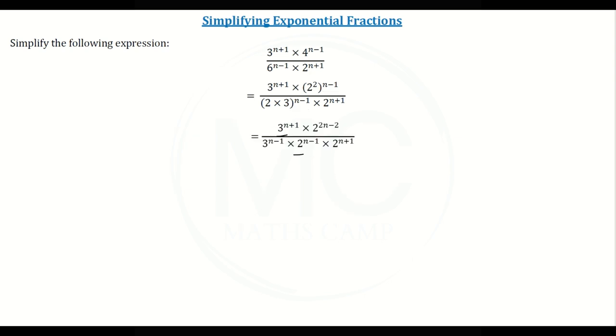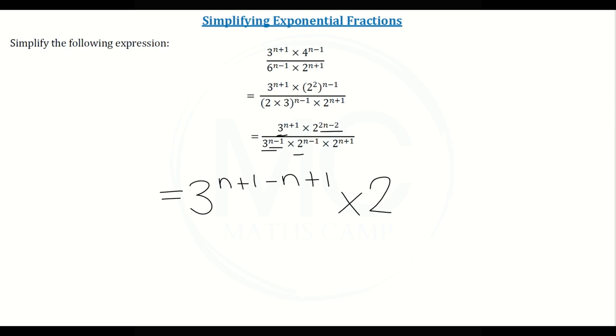Now we have bases of 3 and bases of 2. So let's start with 3. I can say base 3 over here. We have 3 to the n plus 1, so n plus 1, over 3 to the n minus 1. We are dividing, so we're going to subtract n minus 1. Say minus n minus negative 1, multiplied by base of 2.